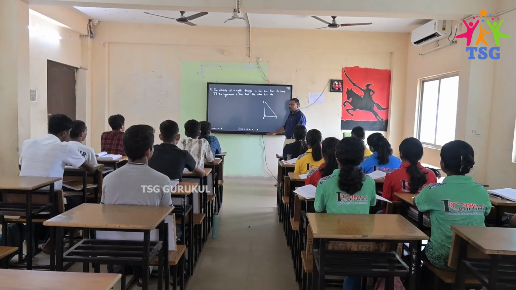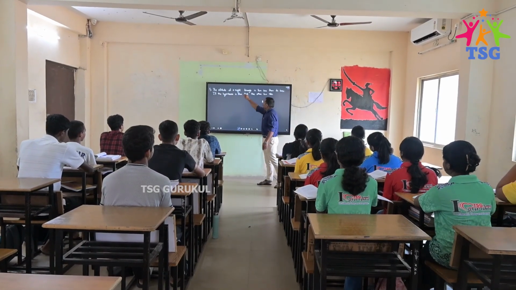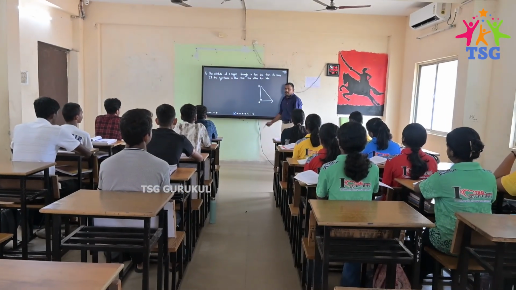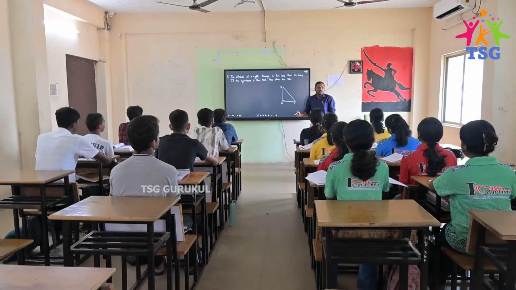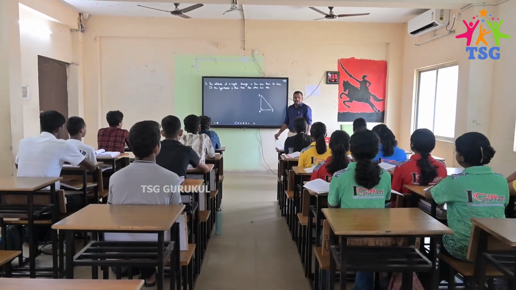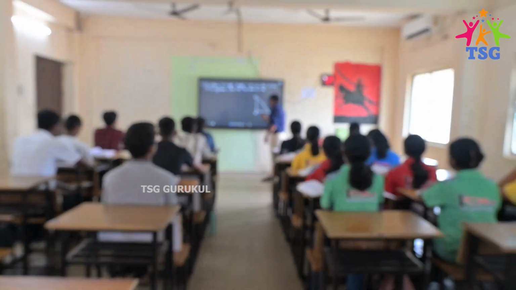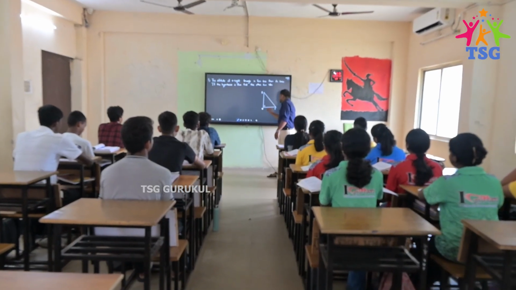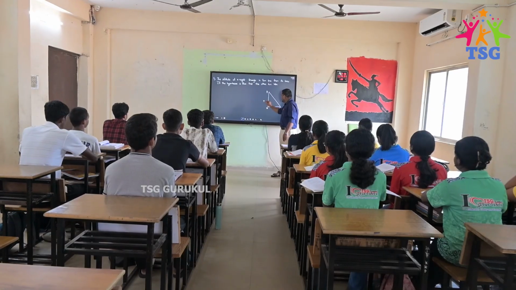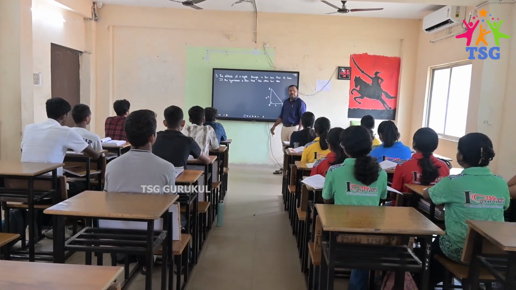Sit please. Understood now? The altitude of a right triangle is 7 cm less than its base. So which is greater, base or altitude? Base is greater. If we consider the base as x unit, the altitude will be x minus 7 unit. Is that clear?